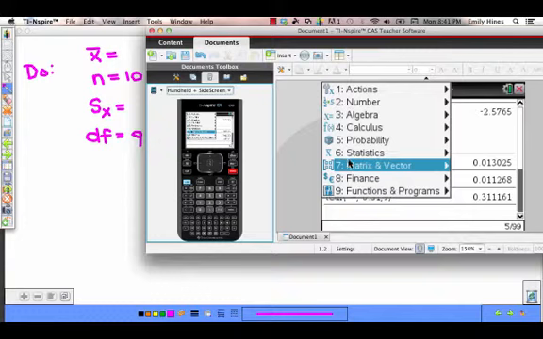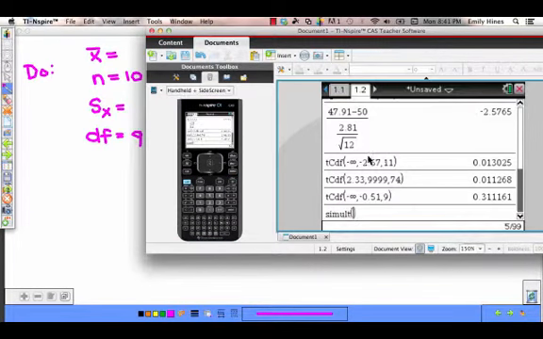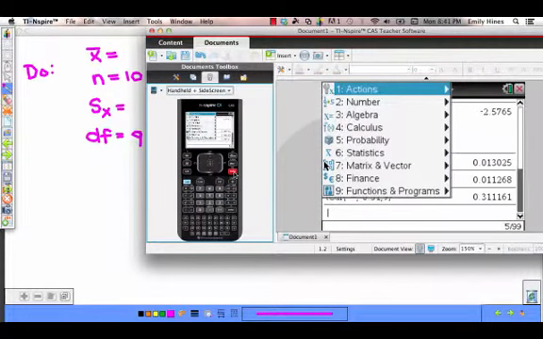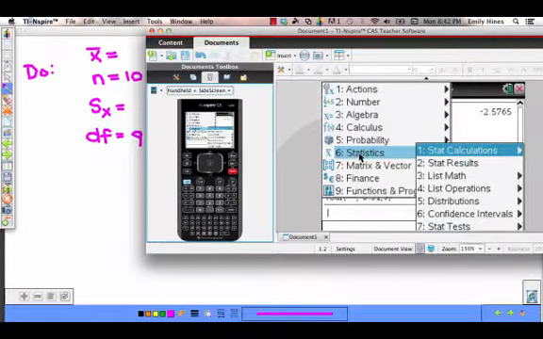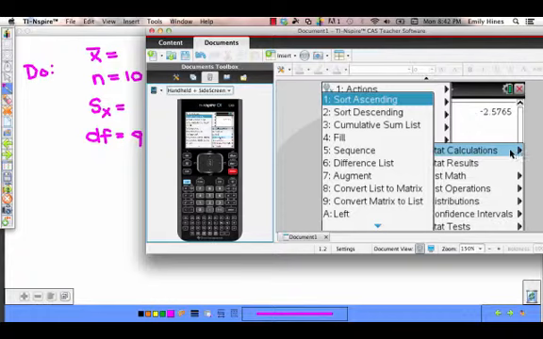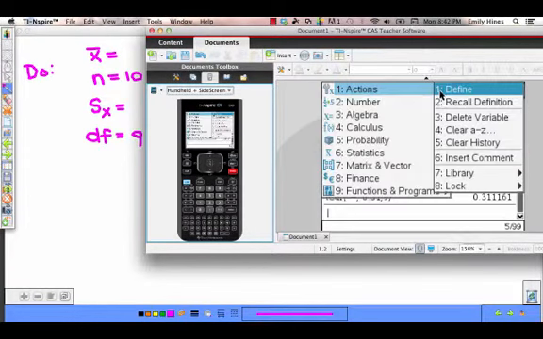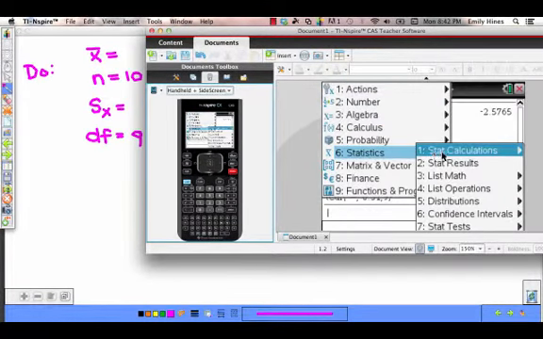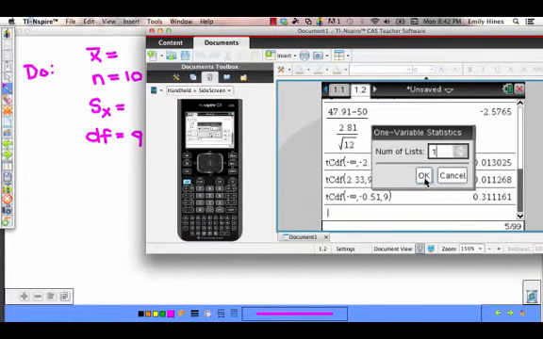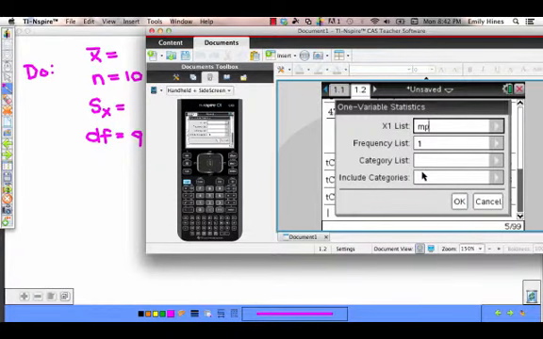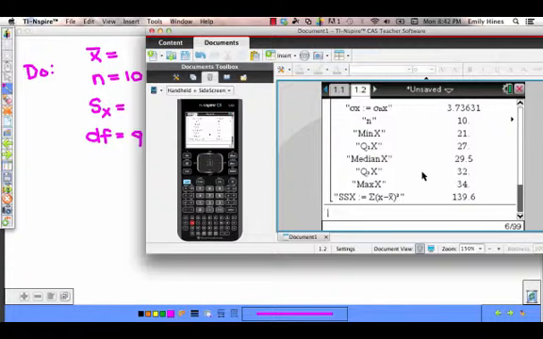So I'm going to hit menu, statistics, stat calculations, one variable statistics. Okay, I only have one list I'm working with. I want to work with MPH. All the rest of these can stay. And there we go. And I get what I need.